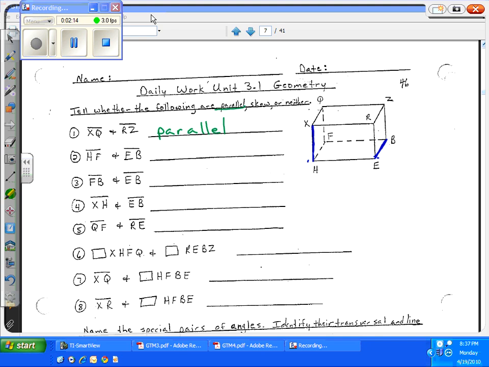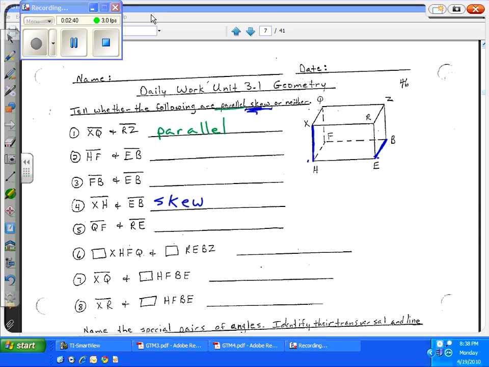They never intersect though, so here we have two non-coplanar lines that never intersect, and so we say that those two are skew. XH and EB are skew lines. Okay?